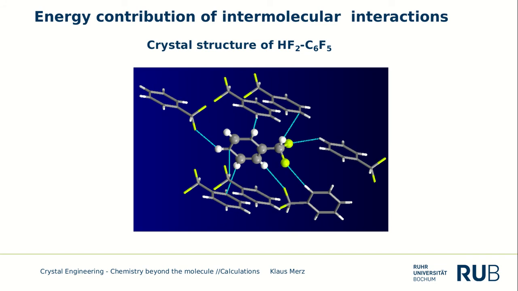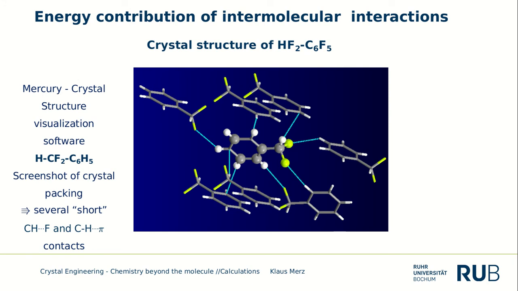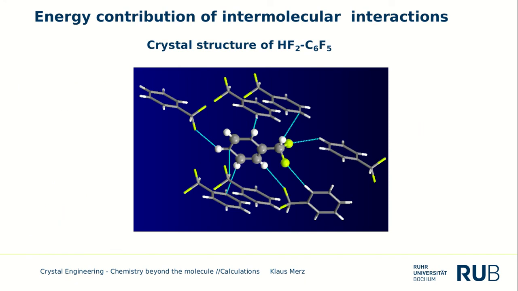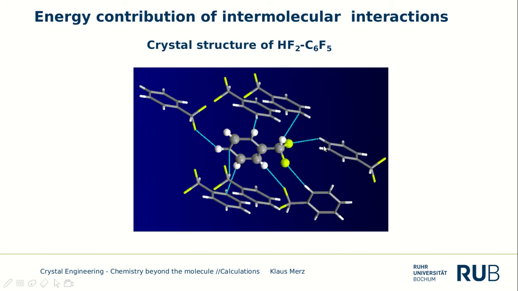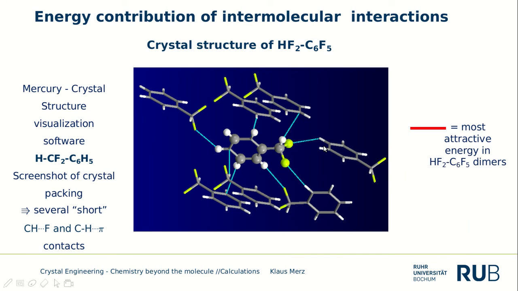Which are dominating? Have a look. I use such a red line for the most attractive energies. It's exactly two of them, with two energies here, dimers. And here is the result, with one and with one. With two intermolecular interactions. These are the dominating ones.